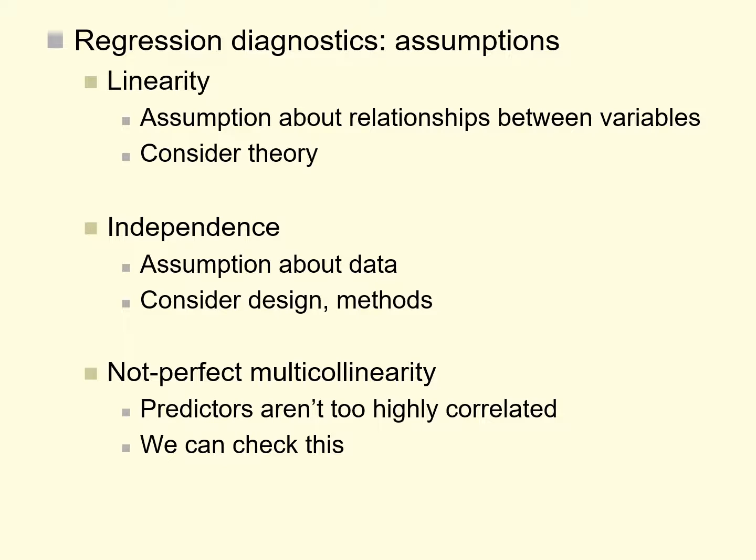And also you can note that by including an interaction term which is based on centered predictor variables, or a centered predictor variable and a centered moderator, we're kind of reducing problems with high levels of correlation between those terms. So some assumptions we just have to make and kind of think about, and I guess in the case of not perfect multicollinearity, we can check a little bit.